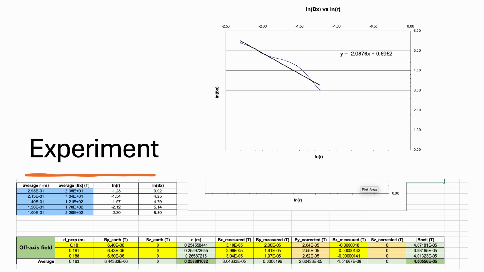The distance in meters was calculated here, then the magnetic field in the x measured in Teslas, and the magnetic field in the y measured in Teslas. Then we corrected it by adding the magnetic field of the Earth to this measurement to get the corrected value. Then we have the measured Bz and then the corrected value of 0. And then it calculates the net magnetic field just like it calculated the net distance.